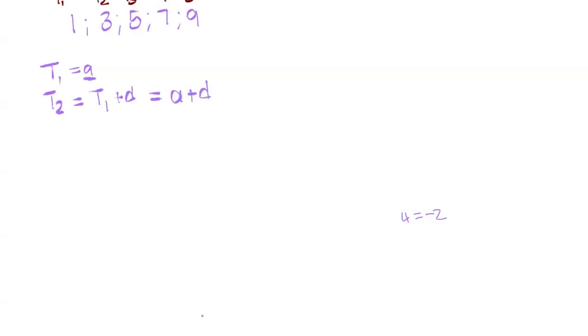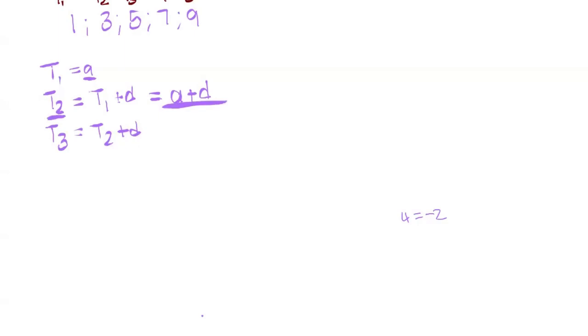And then the next would be term 3, which is equal to term 2 plus D. Because as we mentioned again, your next term is found by adding your common difference. But as we can see here, term 2 is equal to A plus D. I hope that is clear.